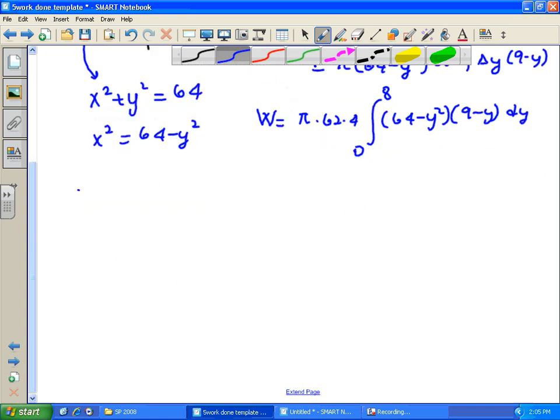Okay, how do we finish this question? How do we integrate something like this? FOIL it out, exactly. FOIL it out and then integrate piece by piece.